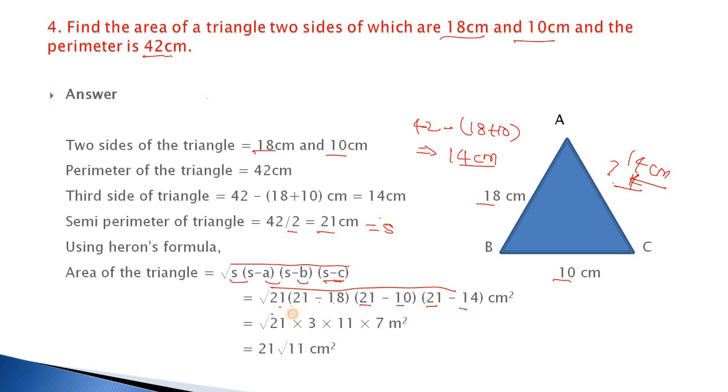We get 21 into 3 into 11 into 7. Further solving, we get the result is 21 under root 11 centimeter square, the area of the triangle.